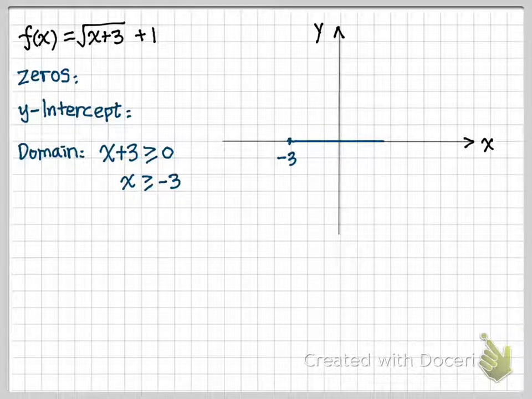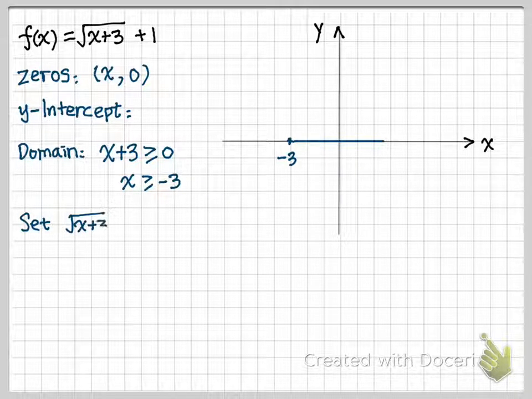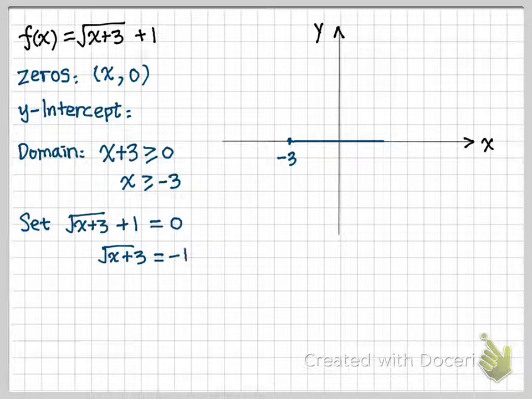And the zero of the function is of the form x comma 0. What it means is we need to set the function square root of x plus 3, plus 1, equal to 0 and solve for x. Well, to solve this equation, we subtract 1 on both sides, so we get square root of x plus 3 equals negative 1.